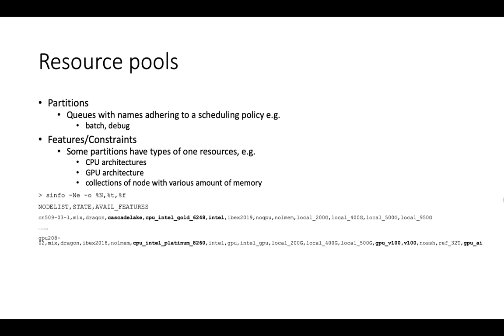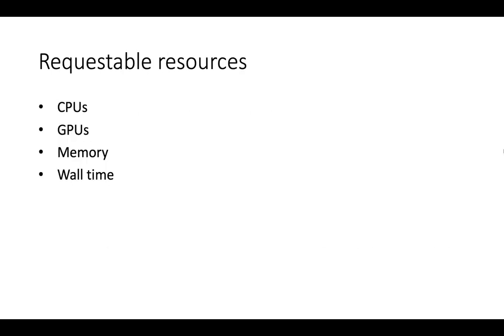For example, you may want your application to run on Intel Cascade Lake nodes or NVIDIA V100 GPUs. These features can be added to the resource request and submitted to SLURM for appropriate scheduling.